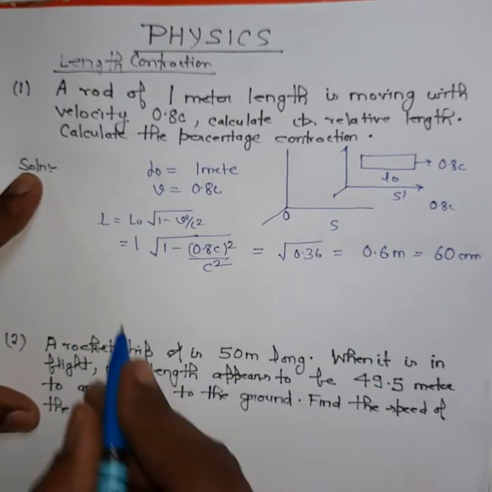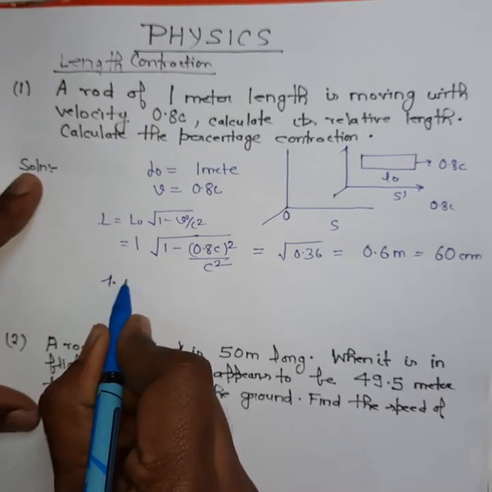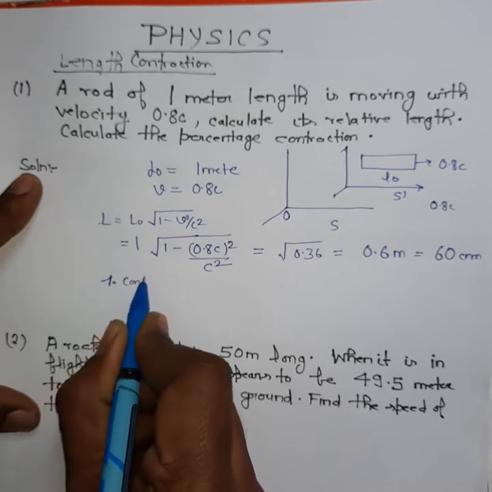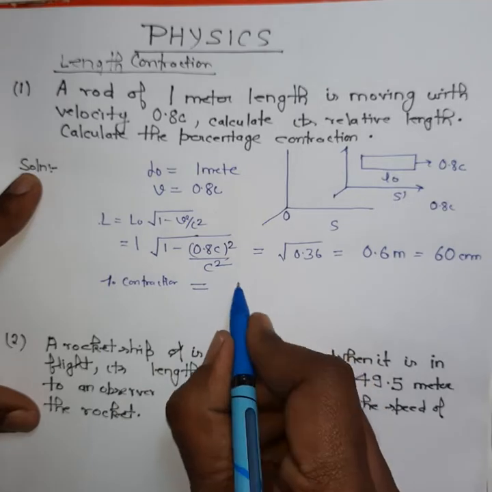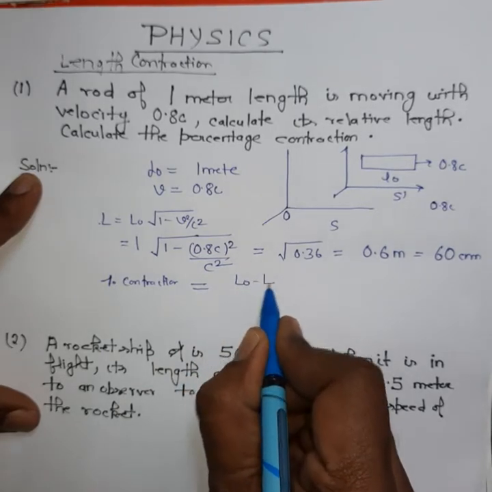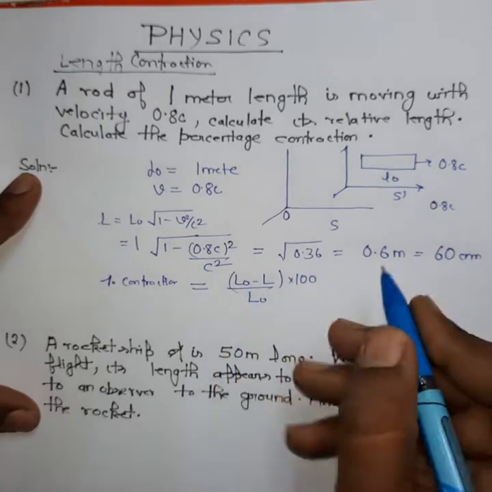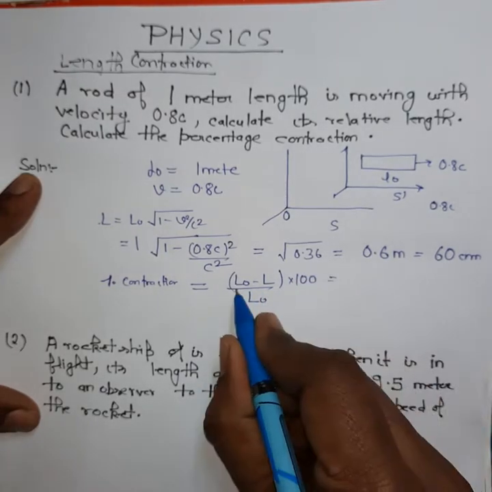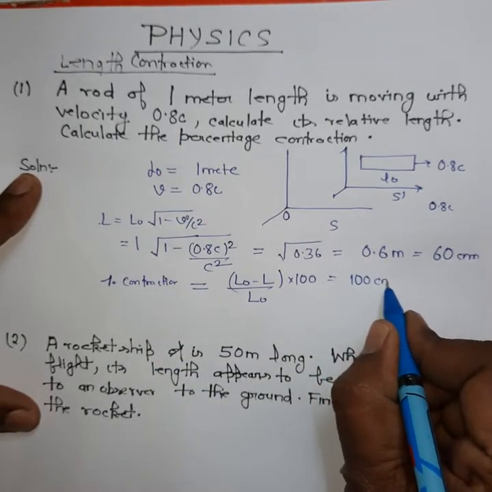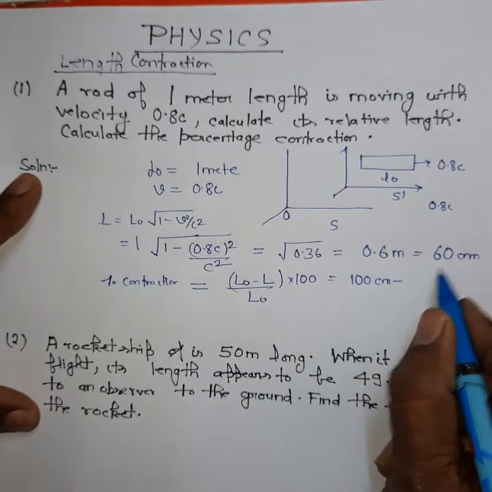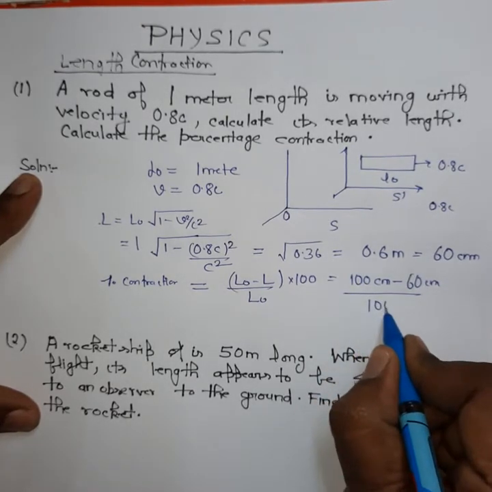Now we have to calculate the percentage contraction. How will you do it? Percentage contraction means change in its length divided by its initial length, multiplied by 100, which will give the required percentage. So the initial length was 1 meter, equal to 100 centimeter, minus its relative length of 60 centimeter, divided by 100 centimeter.